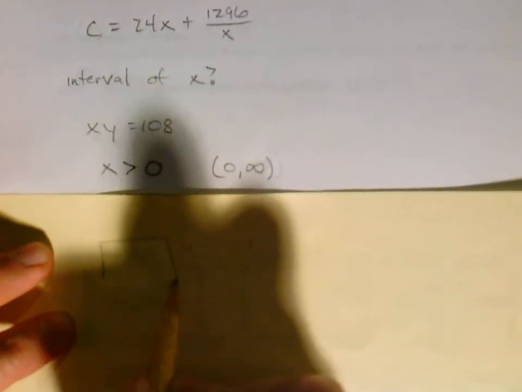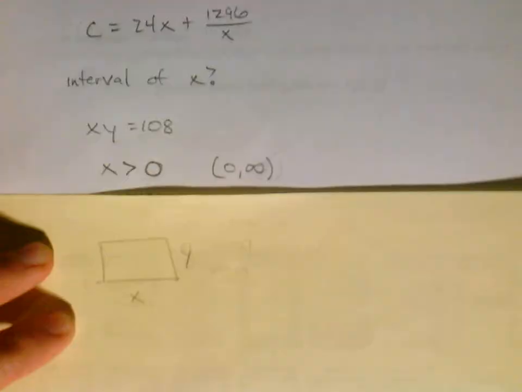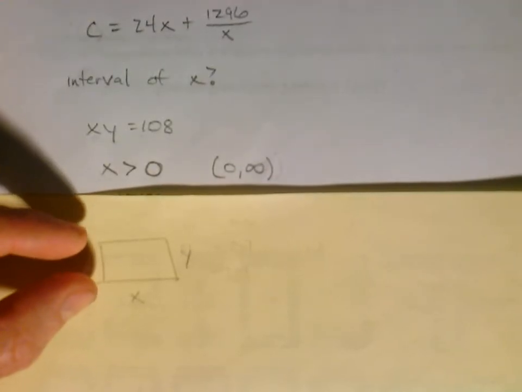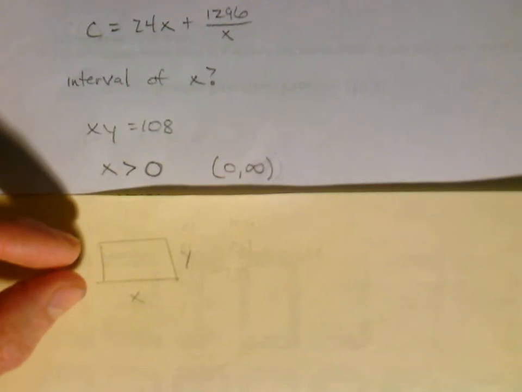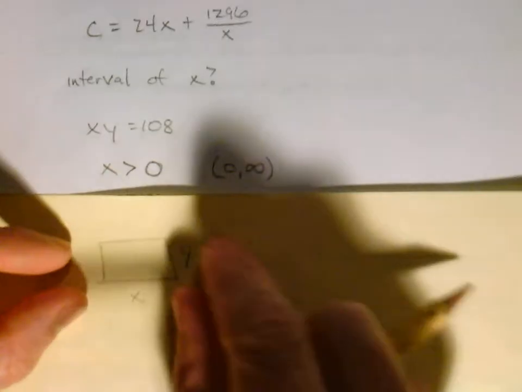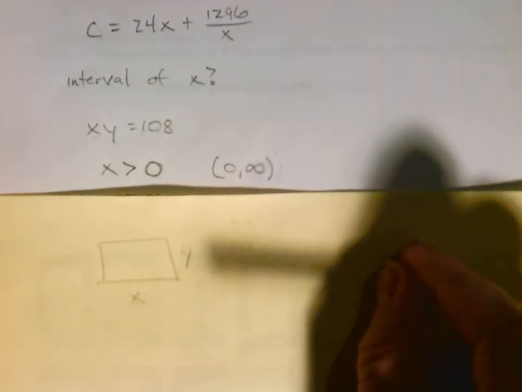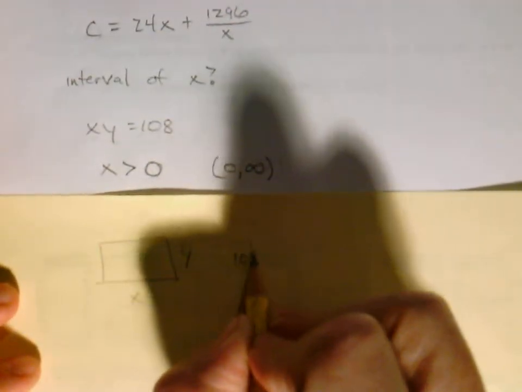And I understand if people are like, wait a second, what? There's no biggest value of x, there's no smallest. If you thought about that rectangular region, x, y, you could start to shrink y down, but as you shrink down y, all you got to do is make x bigger and bigger, and you can keep the area at 108.